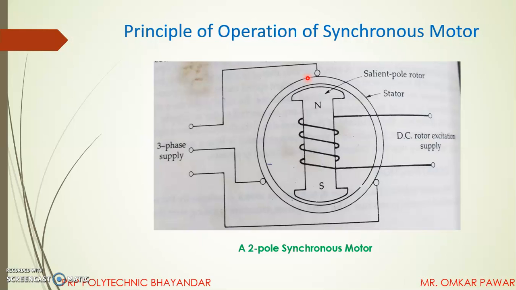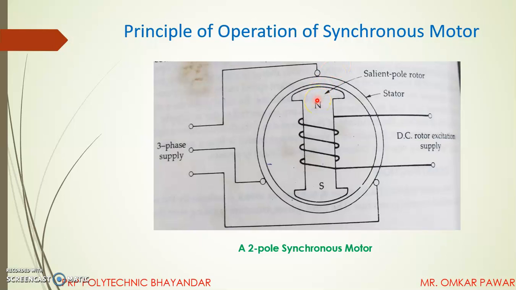In the first case, suppose we do not give DC excitation to the rotor winding and only give the three-phase AC supply. Then the motor acts similar to a three-phase induction motor. After a certain time, if we give DC, there is a creation of N and S poles on the rotor, and the stator also has N and S poles.